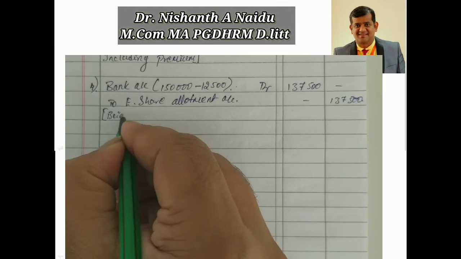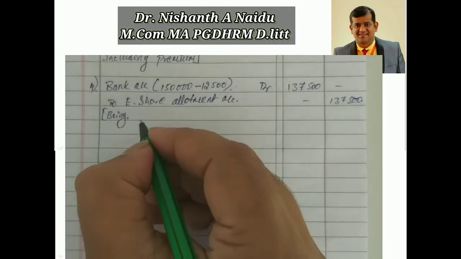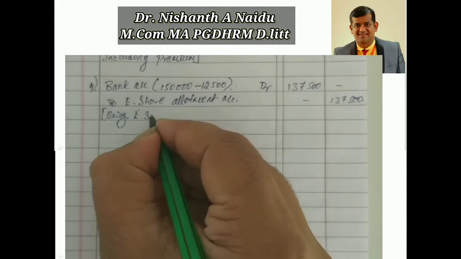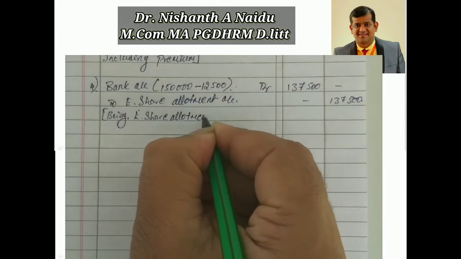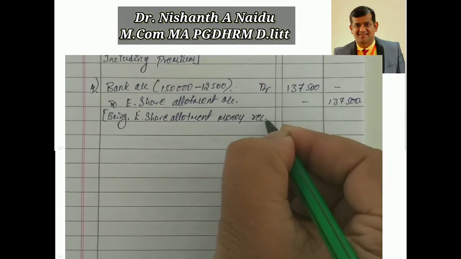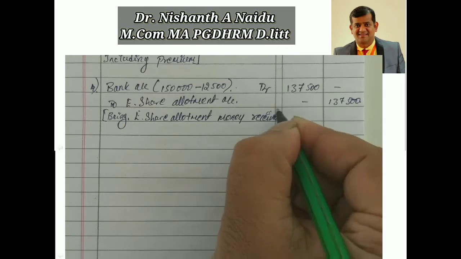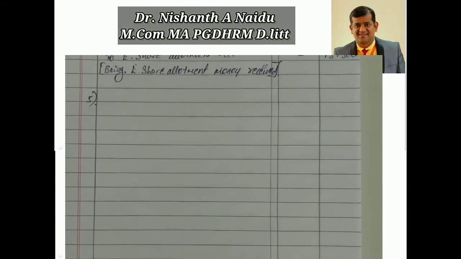Being equity share allotment money received. So next is the fifth entry.